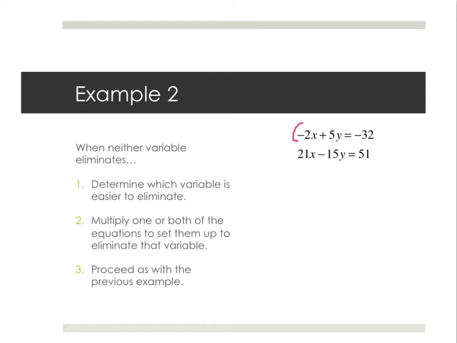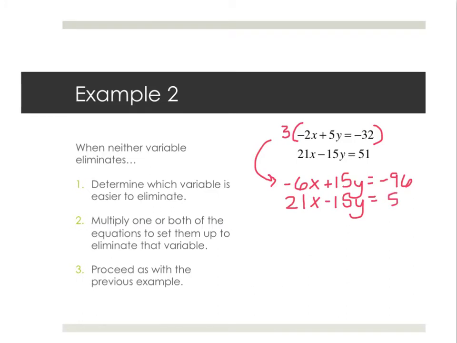So if I take the first equation and multiply the whole thing by 3, what does that give me? It gives me negative 6x plus 15y equals negative 96. And I'll bring my other equation and put it underneath, but I haven't done anything to change the second equation. So I multiplied that equation to get it to eliminate a variable.